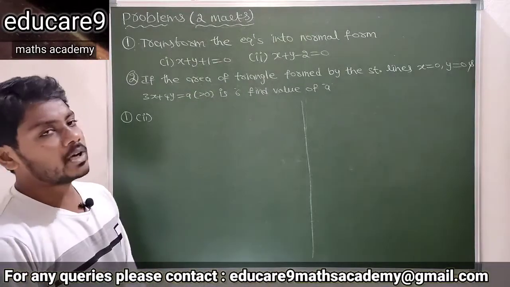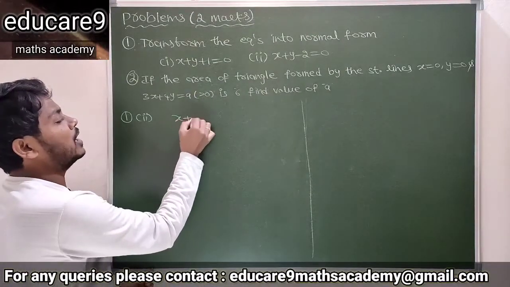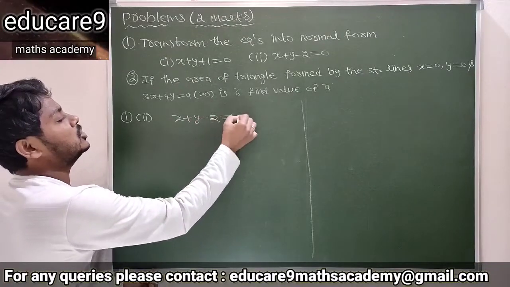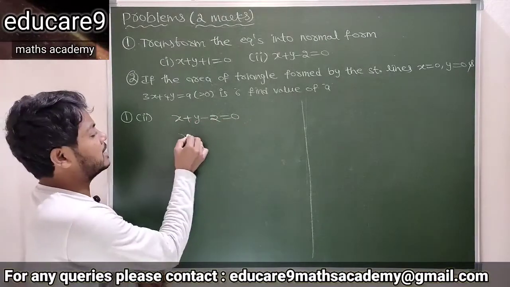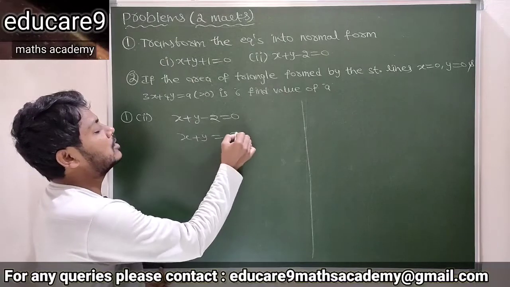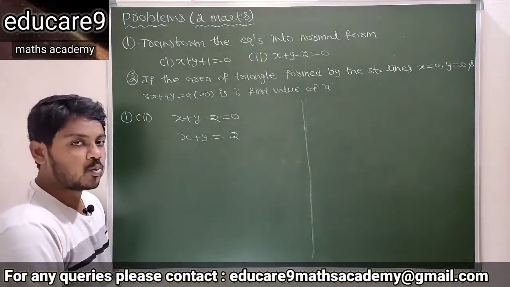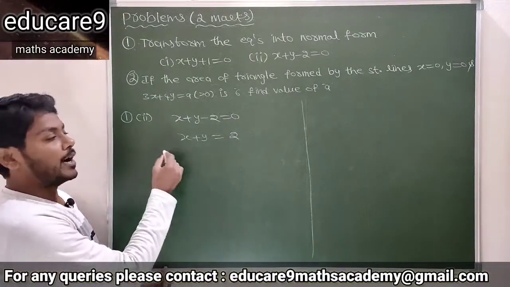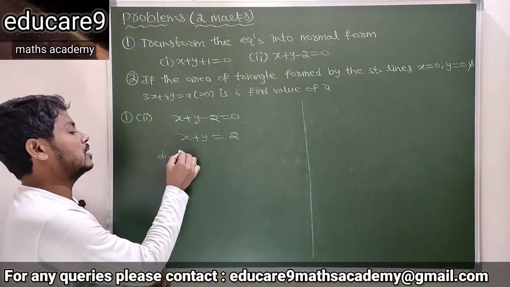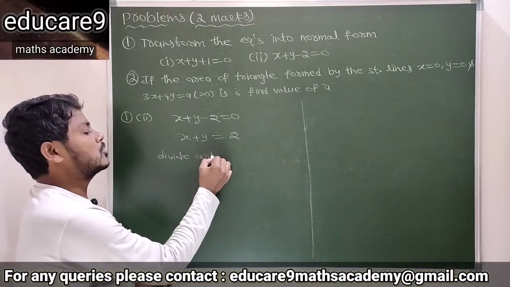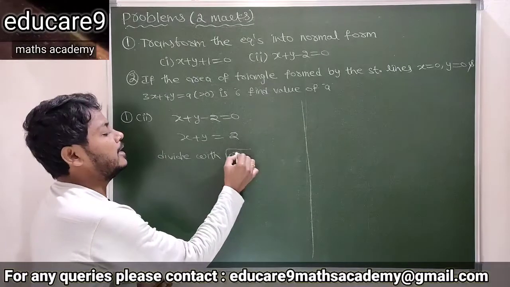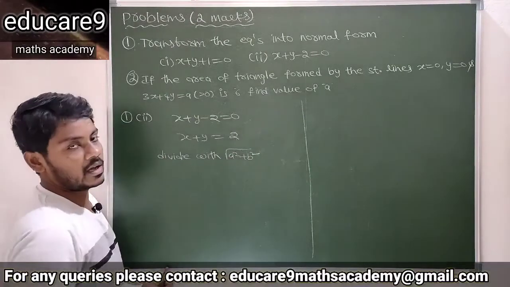See the second one: x plus y minus 2 equals 0. This can be written as x plus y is equal to 2. Clearly the RHS value is positive, and we divide by the square root of a square plus b square.